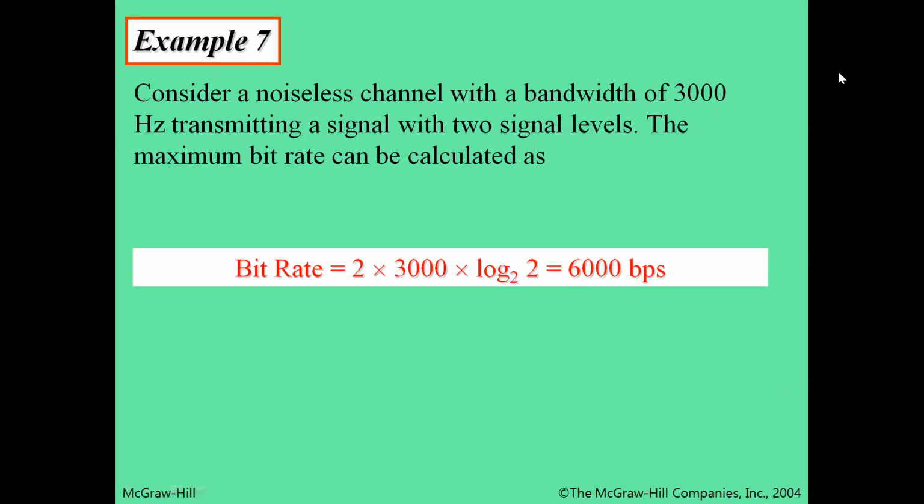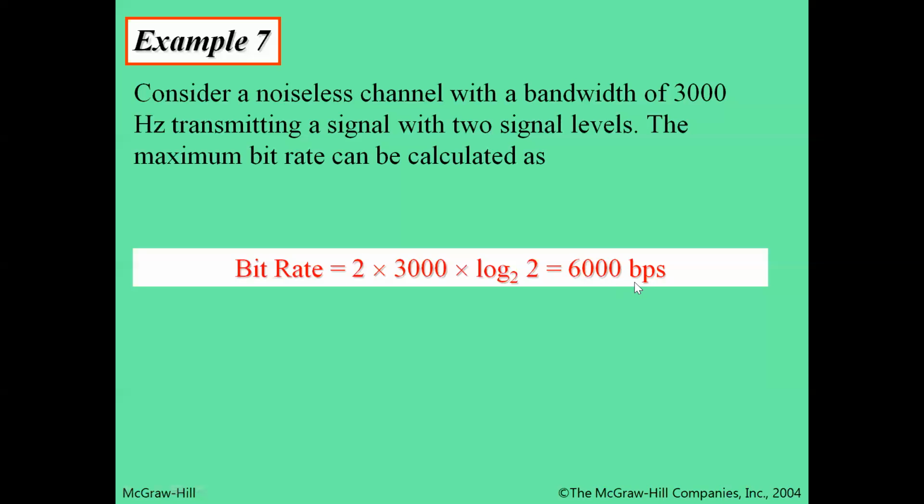Here we have two signal levels, so in place of L we put 2, and in place of bandwidth we put 3000. So log 2 base 2 becomes 1, and altogether it becomes 2 into 3000, that is 6000 bps.